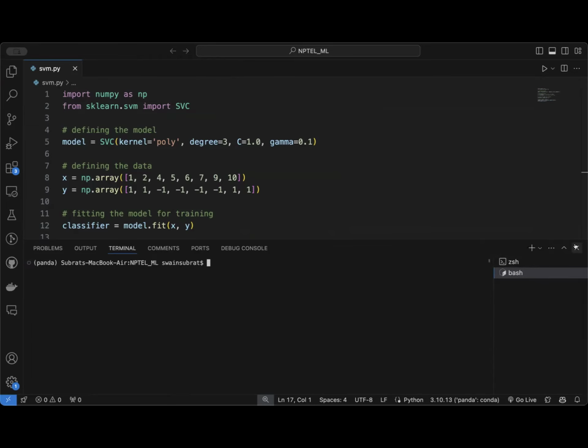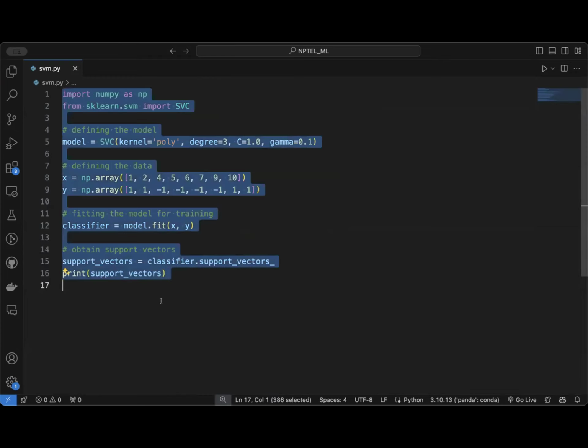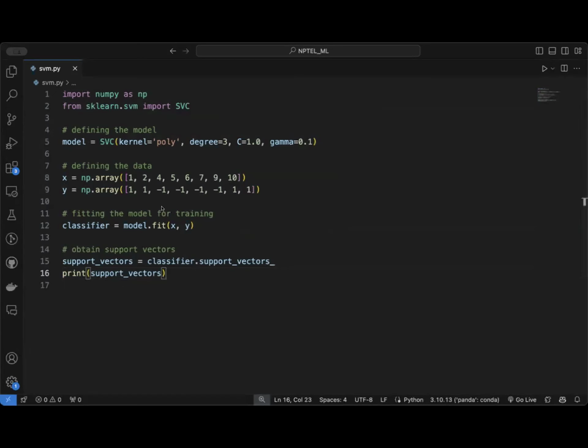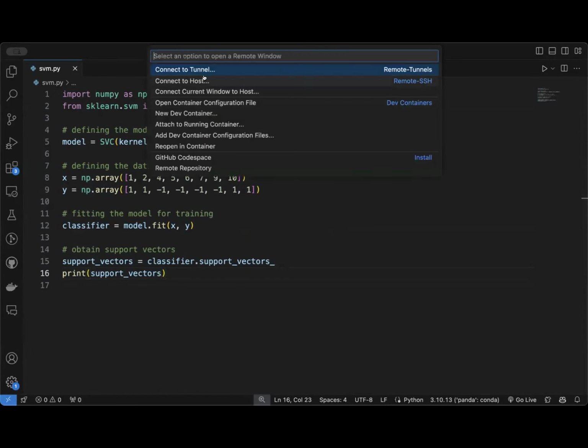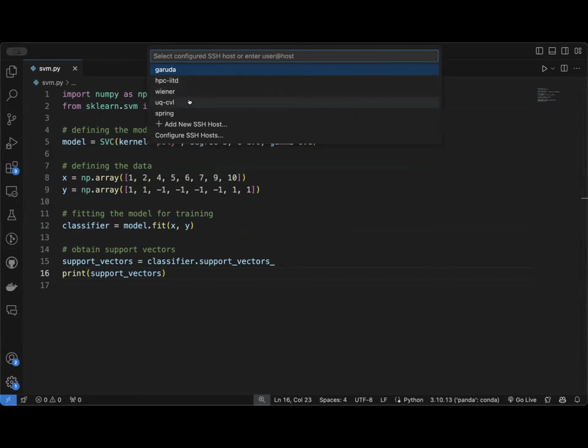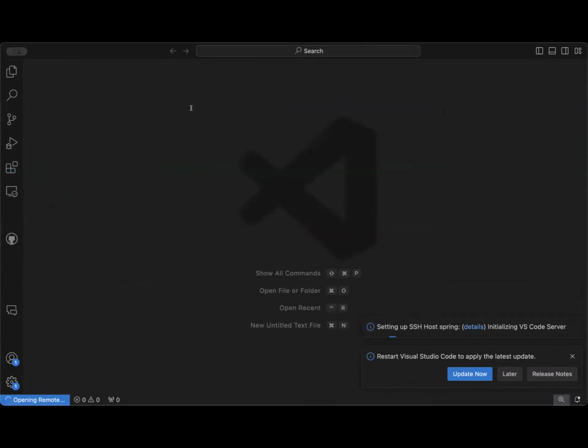It's not good. I don't know what happened to Conda, but it is not working. Let me run it in a different environment. I'll connect to a server and run it there. Sorry.